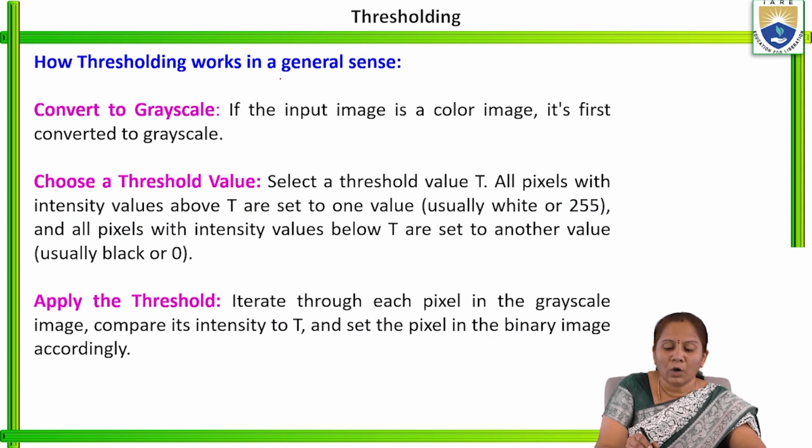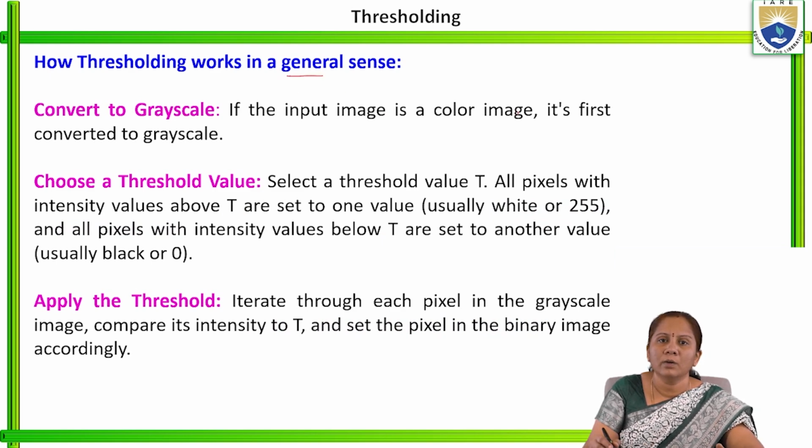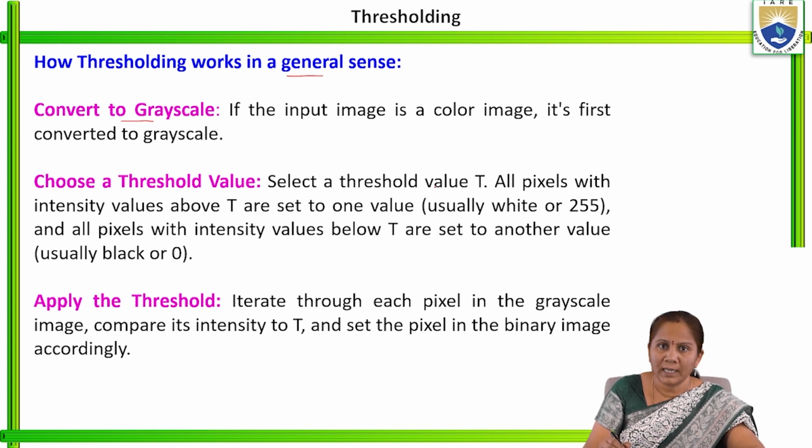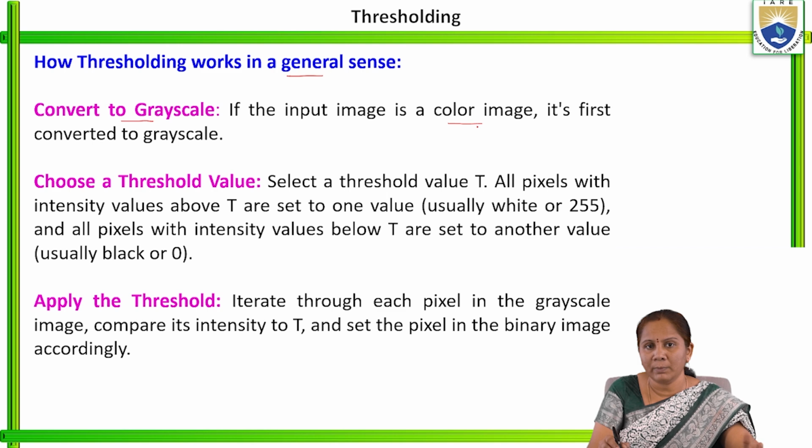Now, how does thresholding work when we apply it to the image? First, it converts to grayscale. The input image may be directly a grayscale image or it may be a color image.